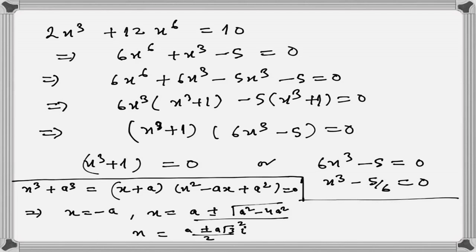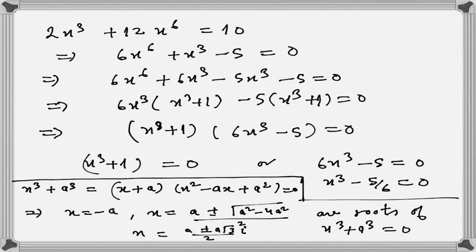So x equals minus a and x equals (a plus minus a root 3 i) divided by 2 are the roots of x cube plus a cube equals 0.